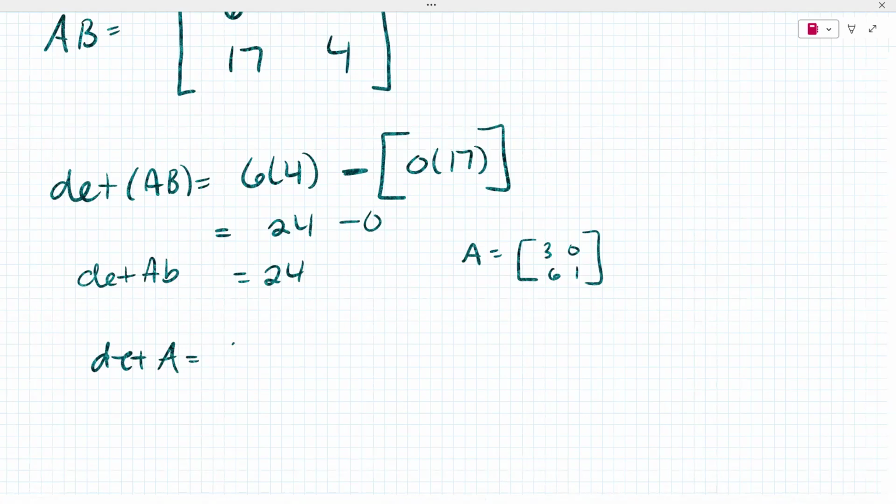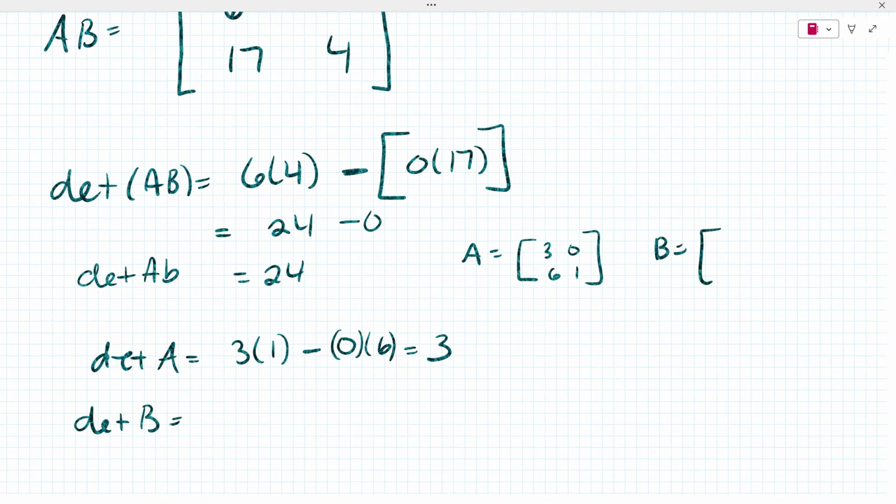It's 3 times 1 minus 0 times 6, and that gives us 3. And what about the determinant of B? It's also a 2 by 2 matrix, which makes it easy. It was 2, 5, 0, 4. So it would be 2 times 4 minus 5 times 0, and that is 8.